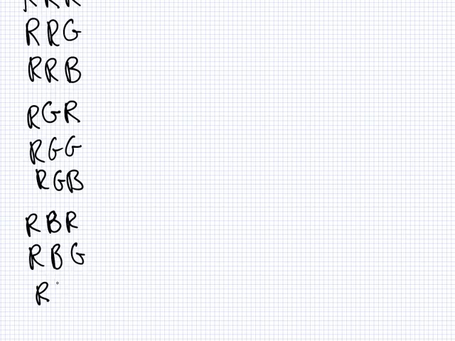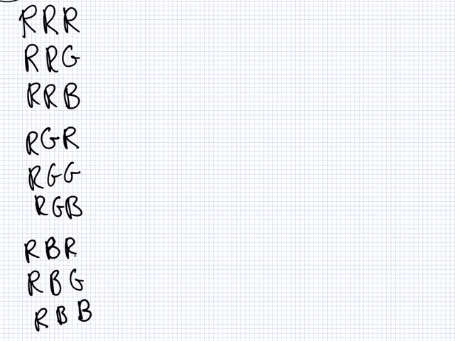No, I've done something. Red, red, red, green, green, green, blue, blue, blue, red, green, blue, red, green, blue, red, green, blue. Yeah. So notice how I'm trying to stack them up to keep track of what I'm doing.